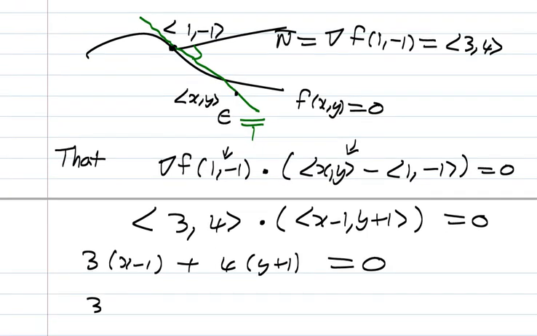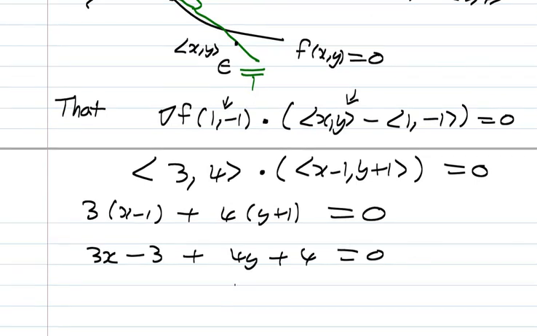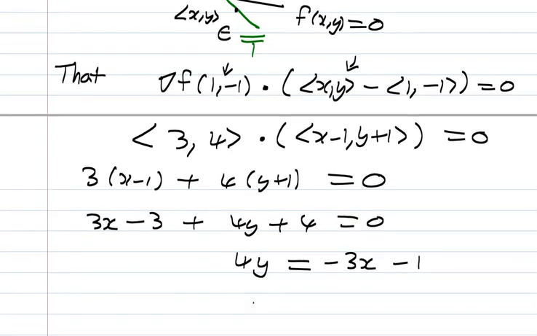So we get that 3x - 3 + 4y + 4 is equal to 0. I'm going to take it slow, I don't want to make a mistake. So I get that 4y is equal to, that's 1. So if you take it to the other side, it becomes minus 1. If you take this to the other side, it becomes minus 3x. And then I divide by 4, so I get -3/4 x - 1/4.